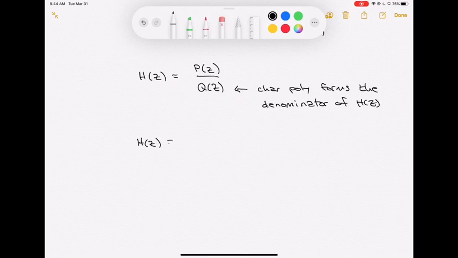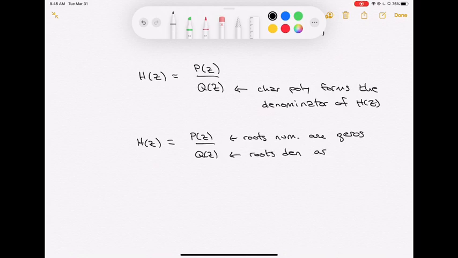So H of z being equal to P of z over Q of z. We know that these polynomials have roots, so the roots of the numerator are what are called the system zeros. And the roots of the denominator are what are called the system poles.